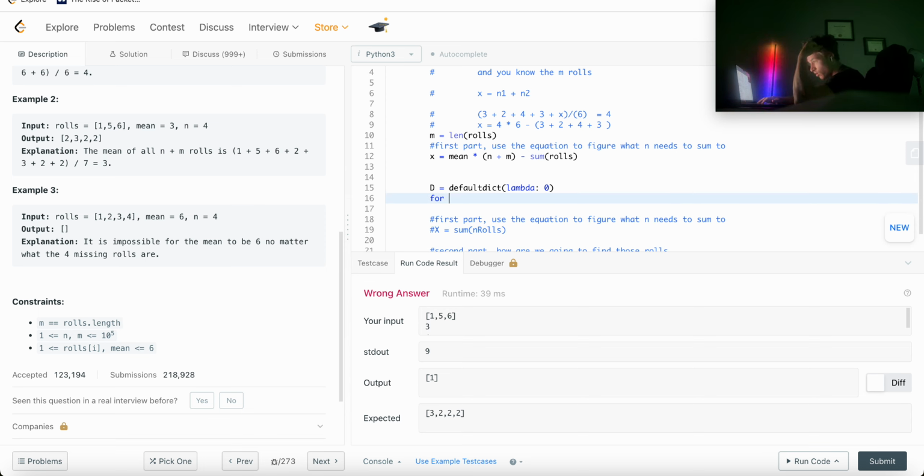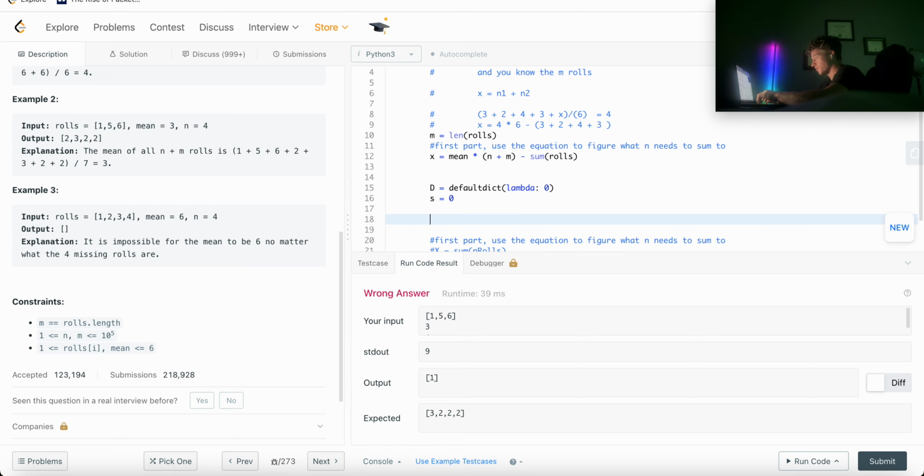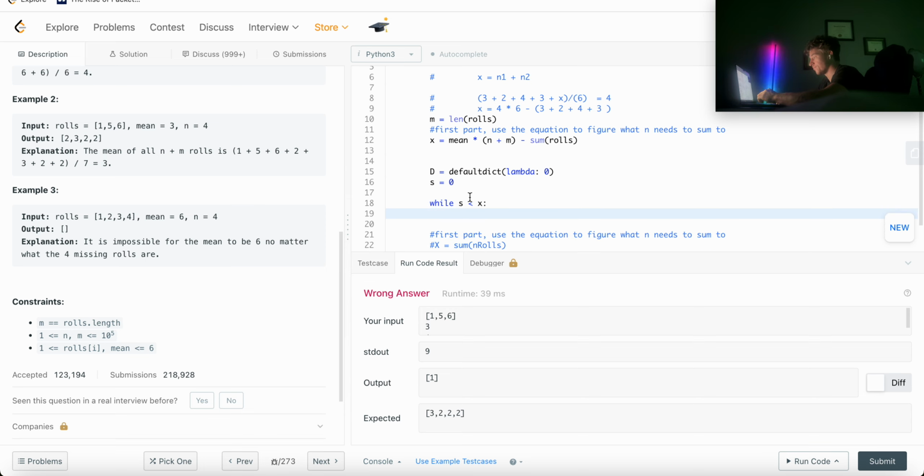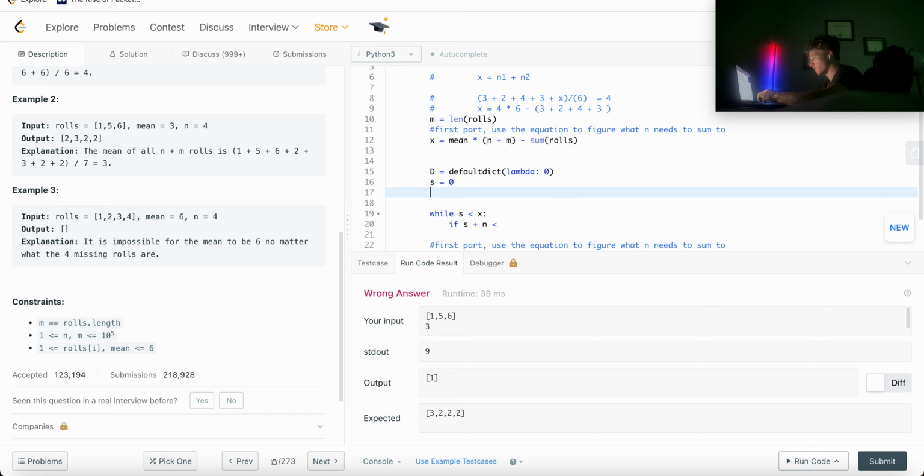Okay, so how are we gonna do this? Our sum is initially 0. We'll say while sum is less than what I need my value to be, which is x. I'll say if sum plus n is less than, all right, we'll do current die value.